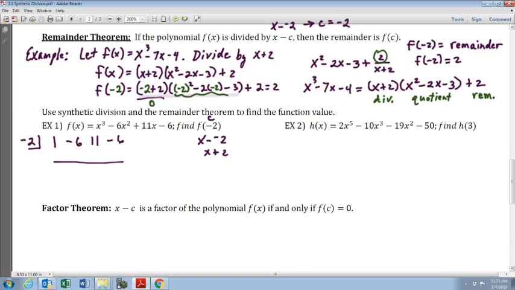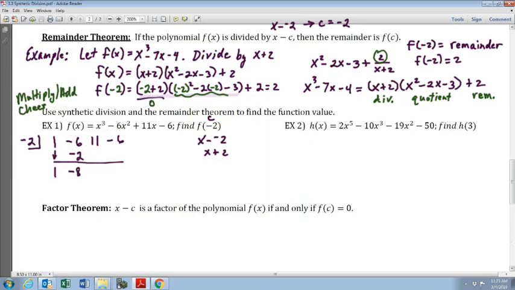So let's go ahead and do the synthetic division. If you want to practice, you could always stop the video and go ahead. You should drop the 1 and then multiply. Remember, we do the multiply-add here. So we're going to multiply negative 2 times 1, we get negative 2. And now we're going to add this column, and we're going to get negative 8.